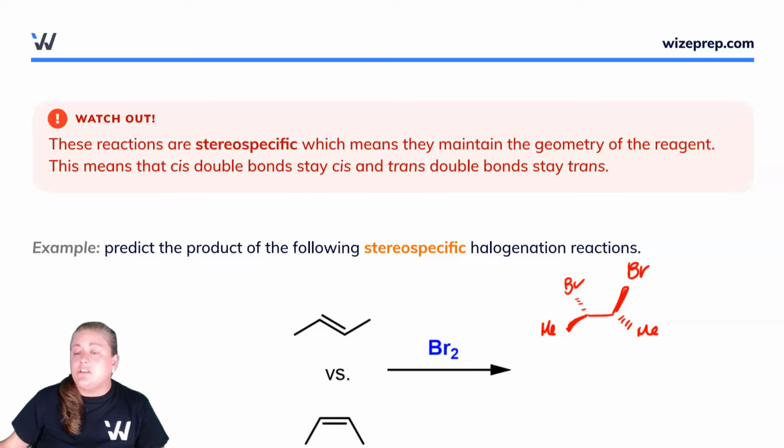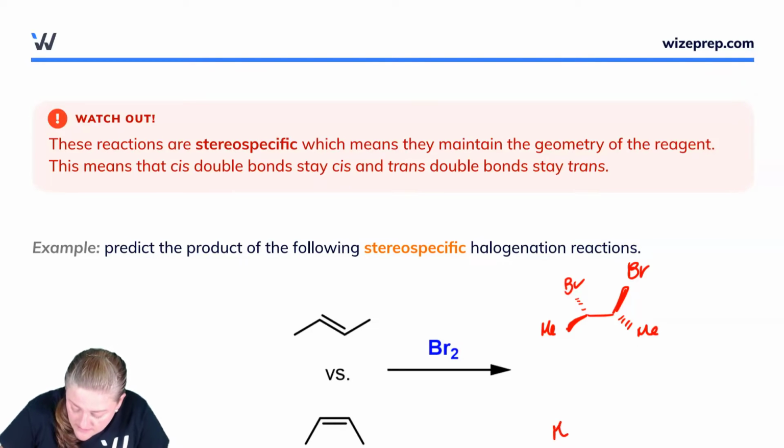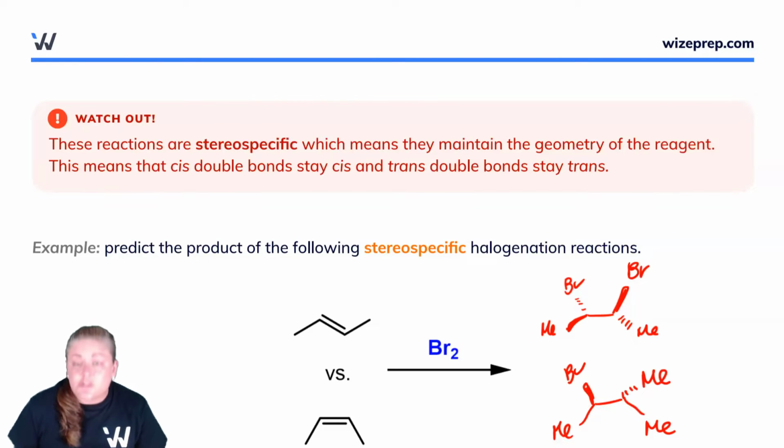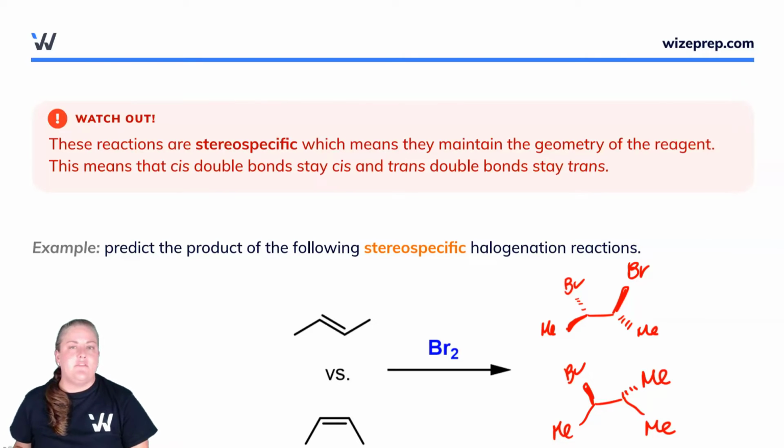Now here, the two alkene methyls should remain on the same side, but the bromination remains anti. Let's see what that looks like. Here, the two methyls will remain on the same side like so, but the bromine addition here will be anti. So just ensure that you're watching out for that, especially for non-ring examples.